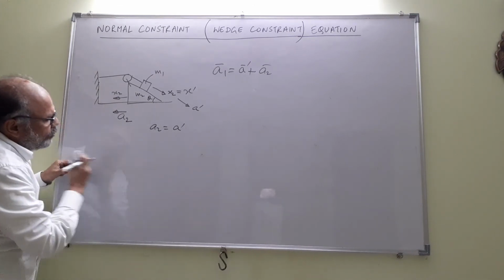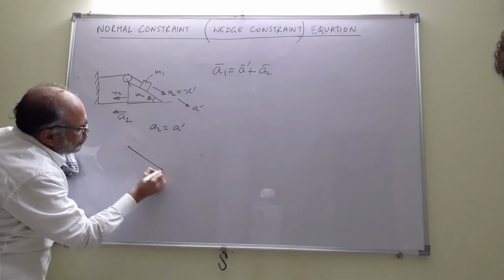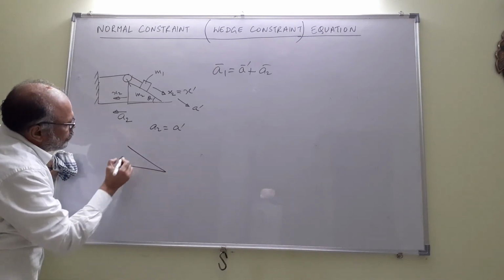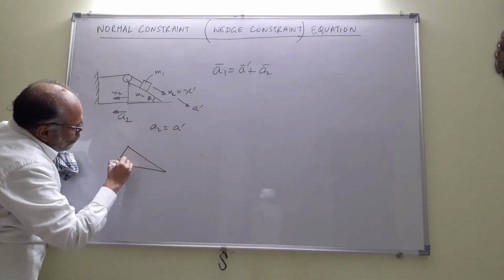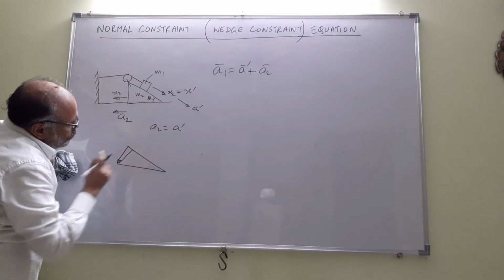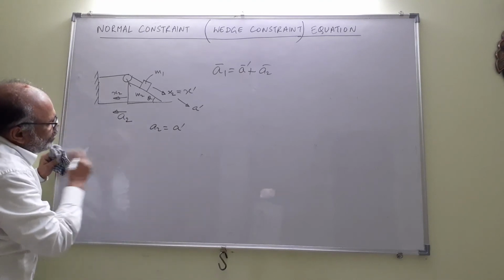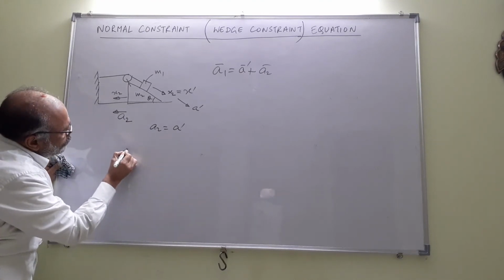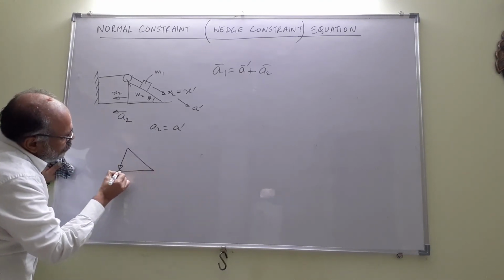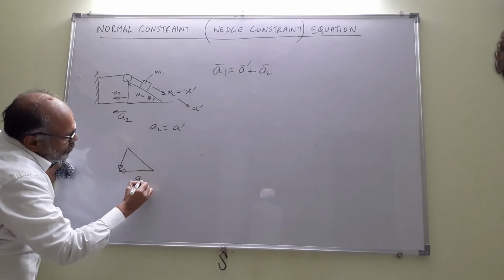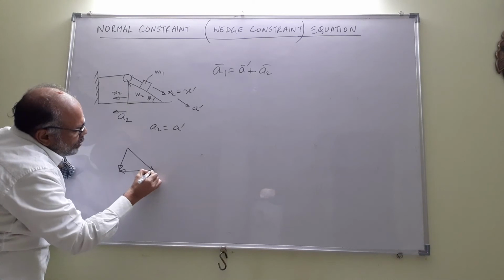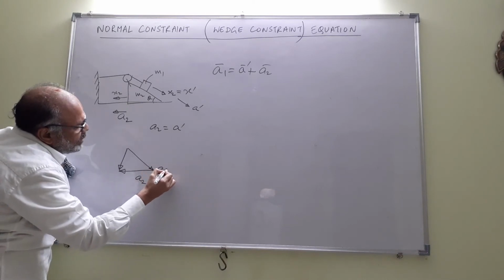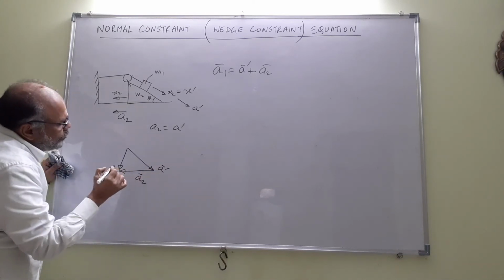Let me draw it for you again. This is a2, this is a1, a dash. This is a dash, this is a2.